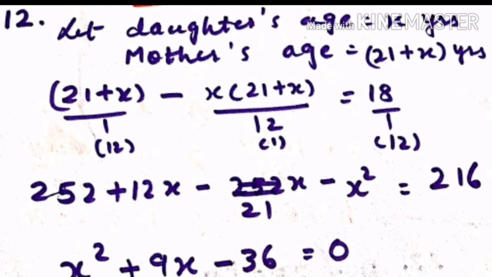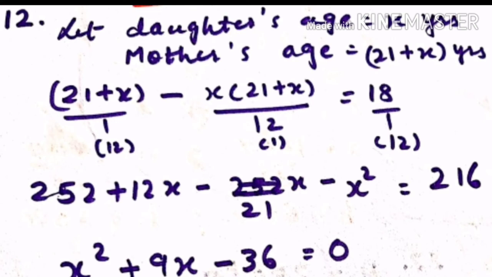Okay, now next line, the 12th part of the product of their ages is less than the mother's age. Okay, so mother's age is 21 plus x and the product of 12th part means divided by 12, and the product of their ages means x into 21 plus x. It is less, means the mother's age is more, and we can subtract the 12th part of product, is 18, so is equal to 18.